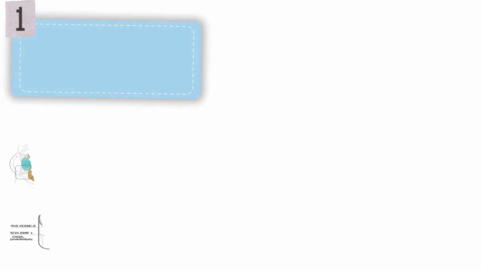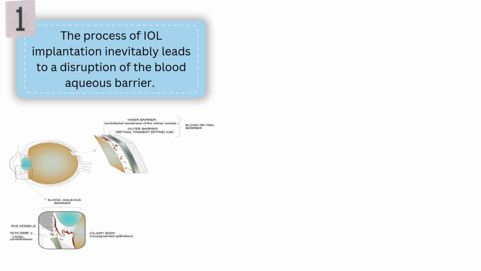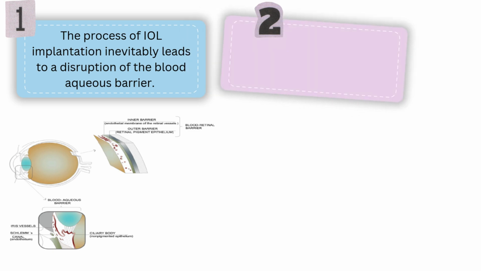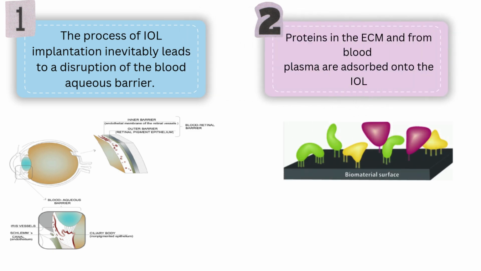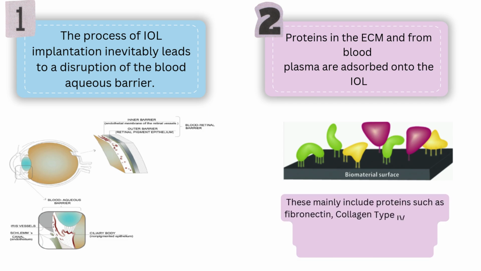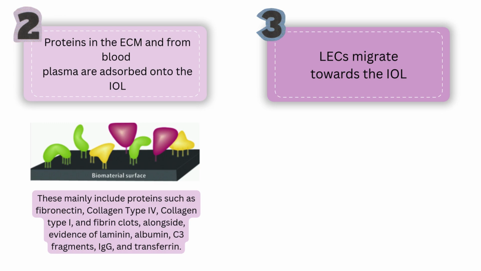What happens after the IOL is implanted into the eye capsule? The process of IOL implantation leads to disruption of the blood-aqueous barrier. As a result, proteins in the ECM and from the blood plasma are adsorbed onto the IOL. These mainly include proteins such as fibronectin, collagen type 4, collagen type 1, alongside other proteins. Following this, LECs migrate onto the lens capsule.